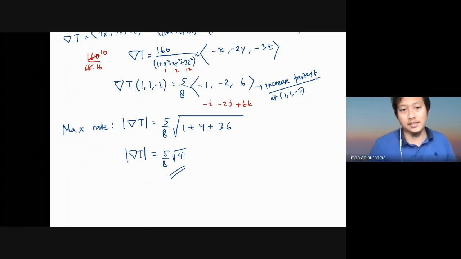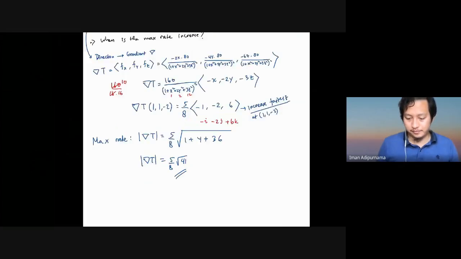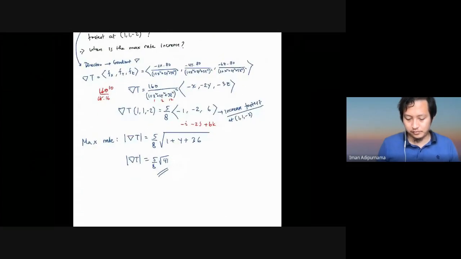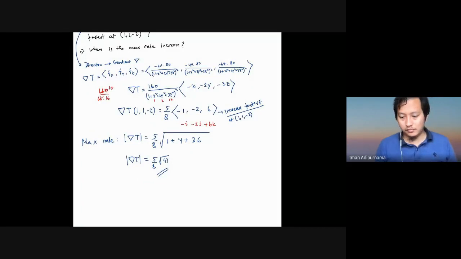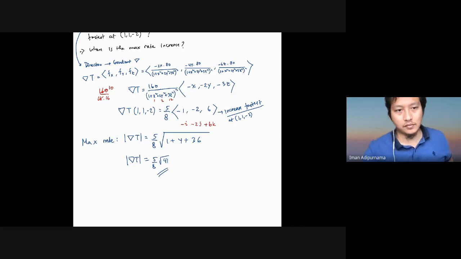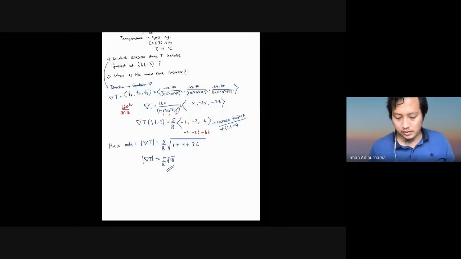Okay, so that is the maximum rate that the function can reach. If you have any questions, you can write in the chat box.